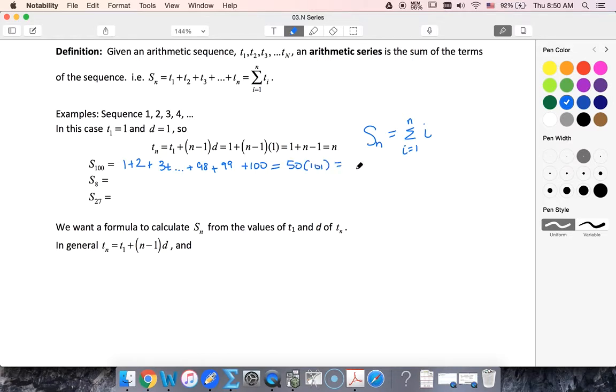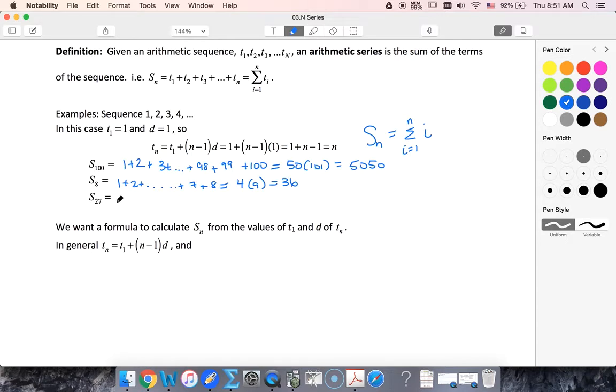So I could do my multiplication here and get 5050. The sum of the first 8 terms: 1 plus 8, 2 plus 7, etc. Now I'm always summing to 9. I'm going to have 4 pairs of 9, giving me 36.